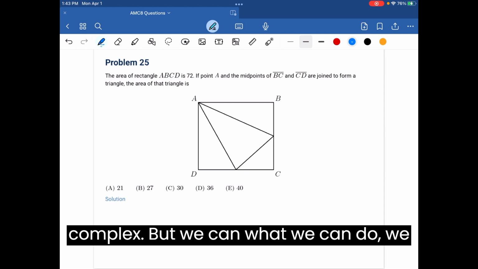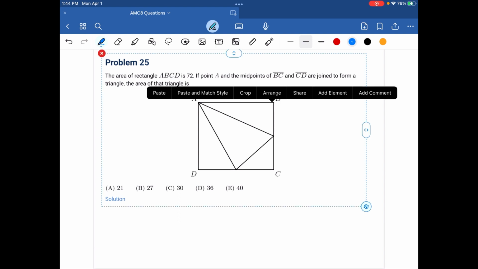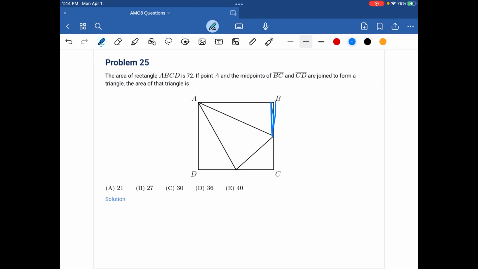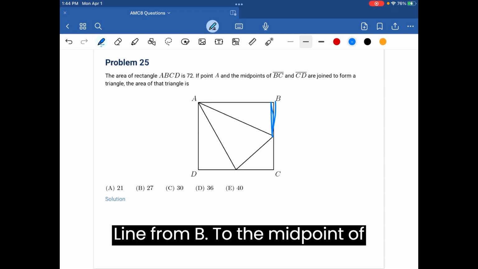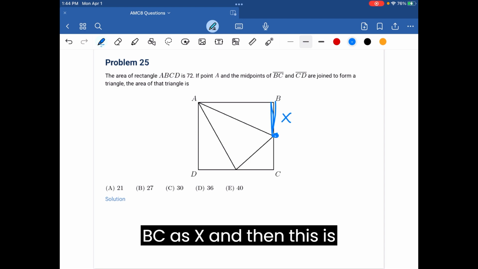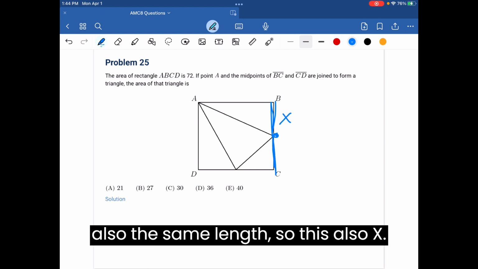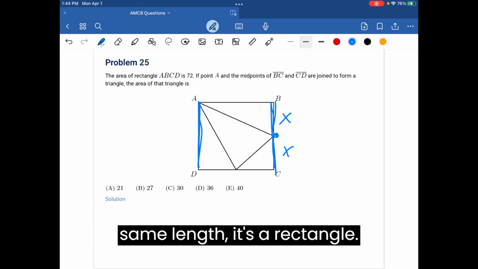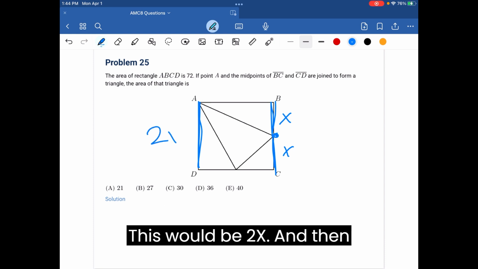What we can do is denote this side, this line from B to the midpoint of BC, as x, and then this is also the same length, so this is also x. And since these two sides are the same length, it's a rectangle, this would be 2x.